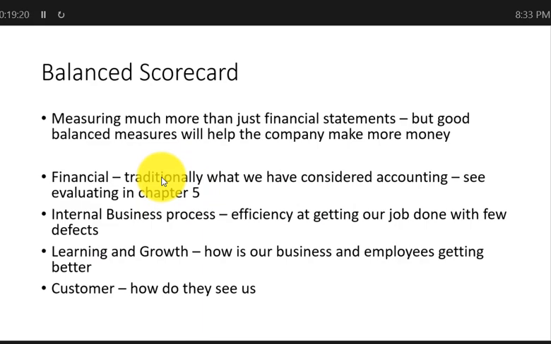To get to that point, we need to measure and improve our internal business processes. How good are we at getting our job done with few mistakes? Whether that's defects in our product or mistakes in our services. How do we measure that?